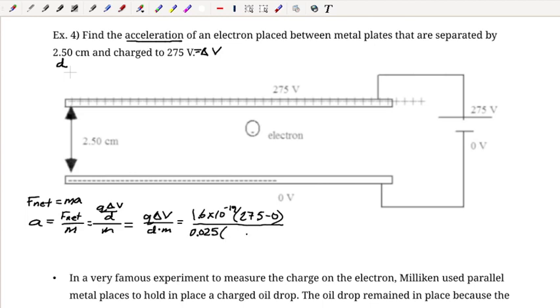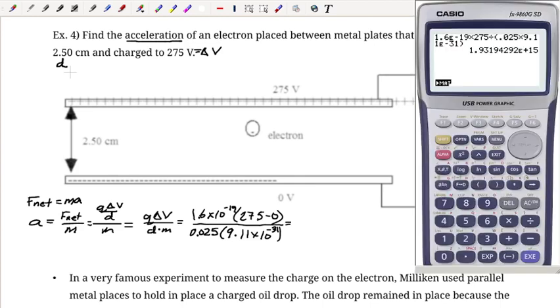And last but not least, the mass of my electron, you can look up on your formula sheet, is 9.11 times 10 to the minus 31 kilograms. So I want to plug all that into my calculator and see what it gives me. And my calculator tells me I've got an acceleration of 1.93 times 10 to the 15 meters per second squared. Huge acceleration.